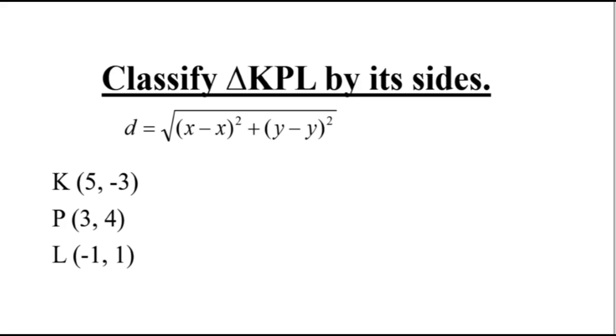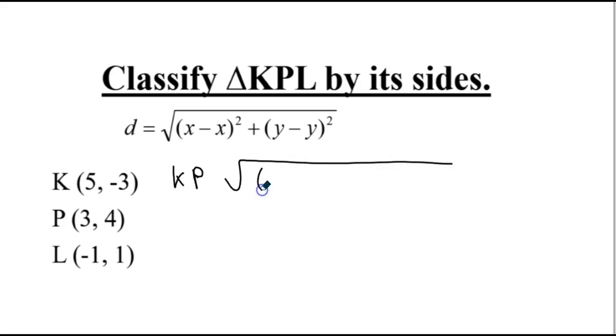All right, now we're going to do the same thing one more time. So KPL. So basically we need to find KP, PL, and KL. And so when I do this, I like to put my skeleton for what I'm finding out there.